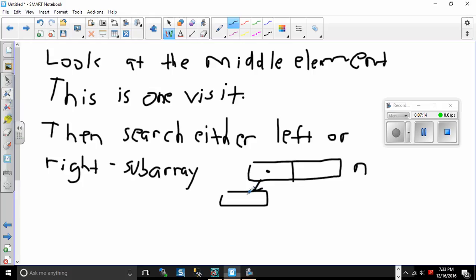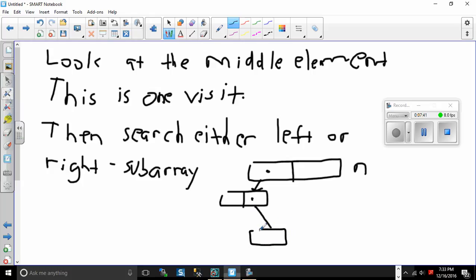We look at the middle element of this subarray and split it into two subarrays, and determine that the element we seek is in this portion.